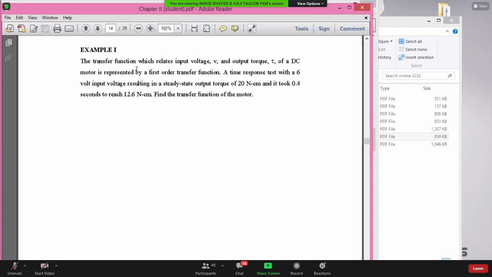A time response test with a 6-volt input voltage resulted in a steady state output torque of 20 Newton centimeter, and it took 0.4 seconds to reach 12.6 Newton centimeter. Obtain the transfer function of the motor.